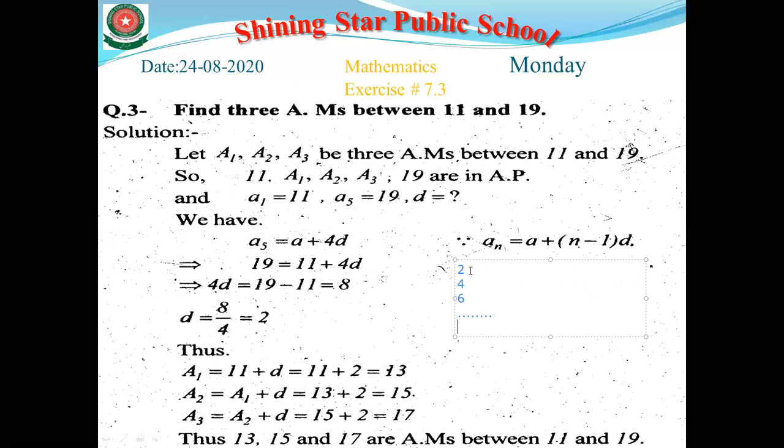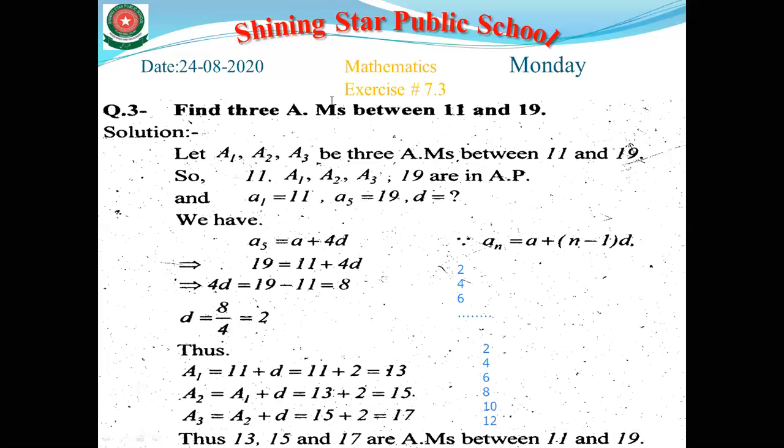The next terms are 8, 10, 12. How? Because all these terms have a difference of 2. If we add 2 to 6, it becomes 8. We add 2 to 8, it becomes 10. If we add 2 to 10, it becomes 12.